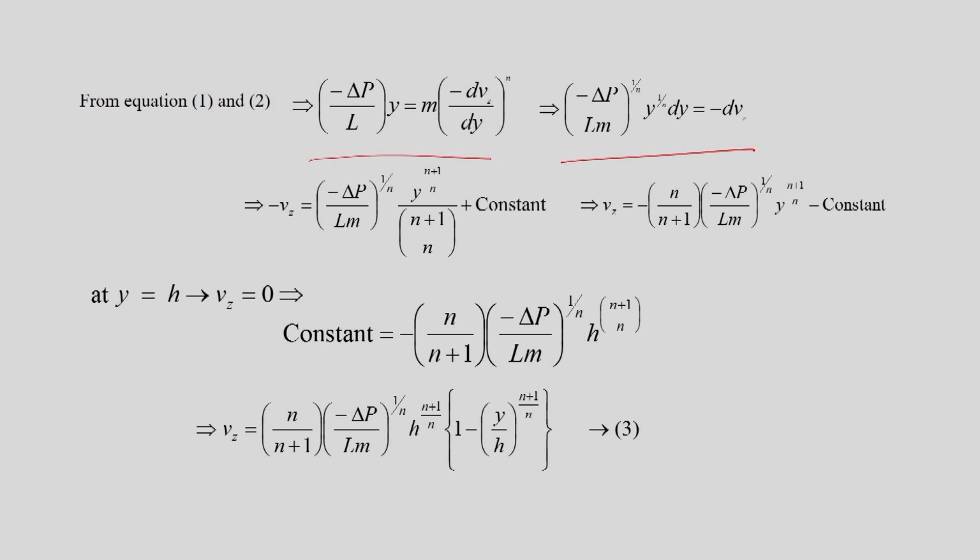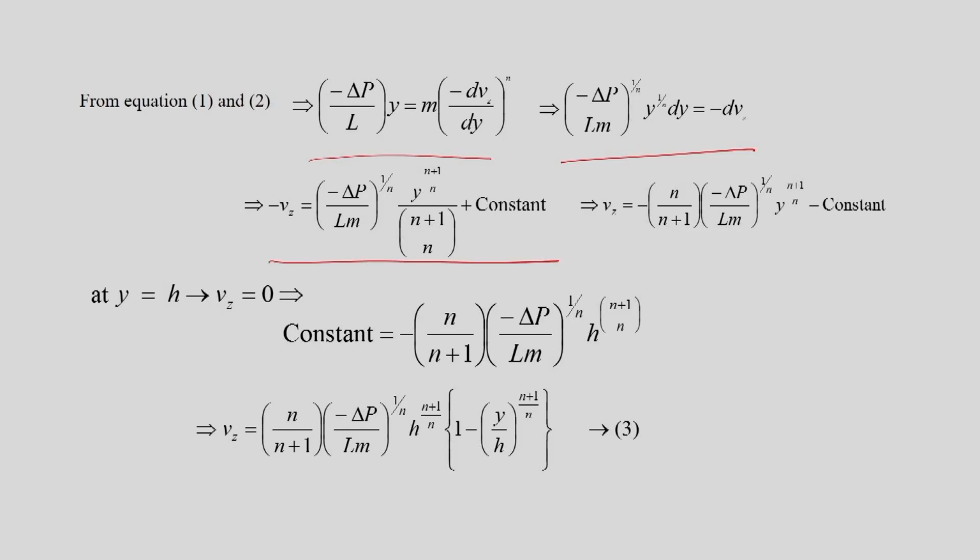When you integrate this equation, you get minus V_z equals (minus ΔP by L m) whole power 1 by n, which is constant, times the integral of y power 1 by n with respect to dy, which gives y power (n plus 1) by n divided by (n plus 1) by n, plus a constant.